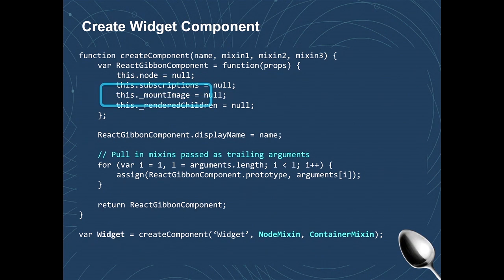Mount image is, interestingly enough, very often the exact same thing as this.node, but it's a private member that ReactMultiChild expects to be there, and it's going to populate for us. Once again, it's the actual real object, like the ref, to your HTML object that the component represents. And rendered children, once again, is populated by ReactMultiChild's methods when we call them. It's what goes through your child collection and turns all those components into real nodes. So it's going to be populating that member, and I'm just initializing it here.